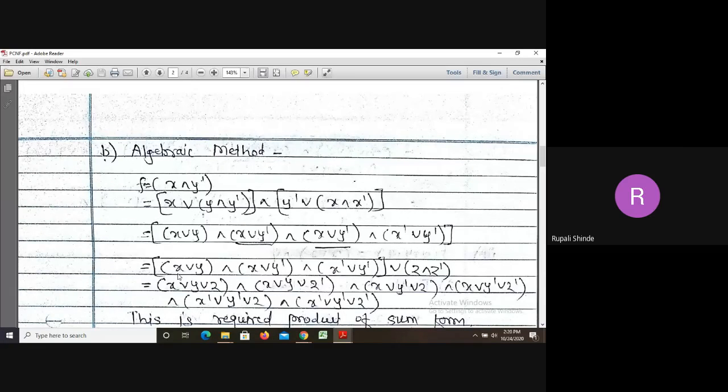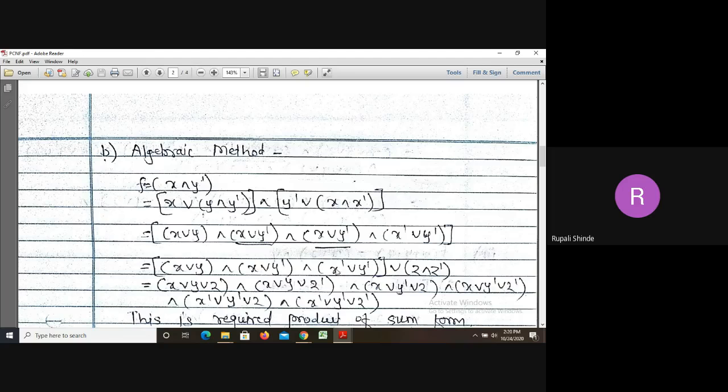So the first bracket becomes x or y or z. Now second one, x or y or z complement. Next one, x or y's complement or z. Next one, x or y's complement or z complement.